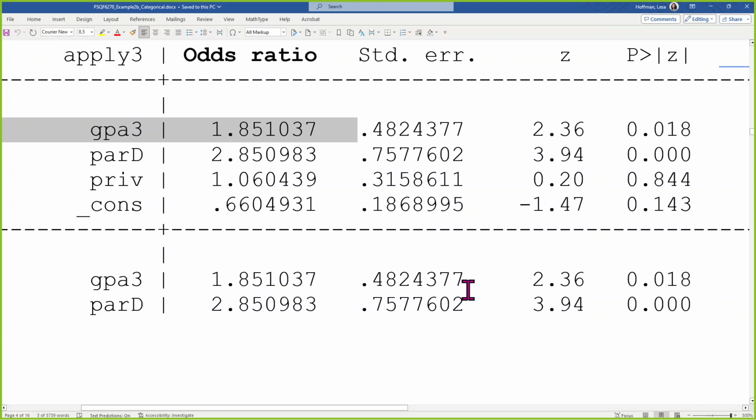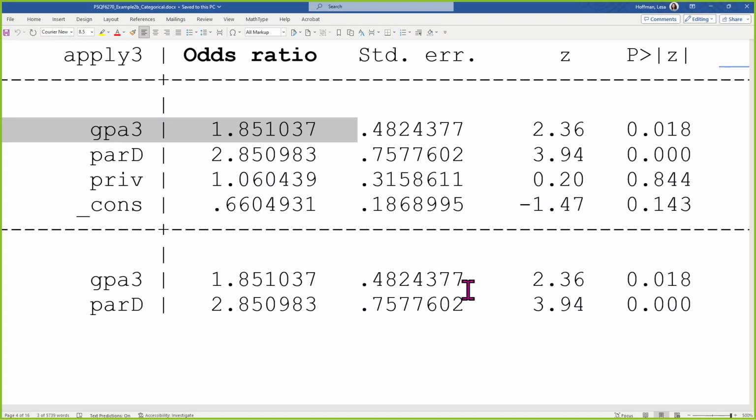GPA is continuous. This is per unit GPA on a, I guess, 0 to 4 scale. What if I had an opinion such that I really wanted GPA to be the most important predictor? I could rescale GPA and change the odds ratio.